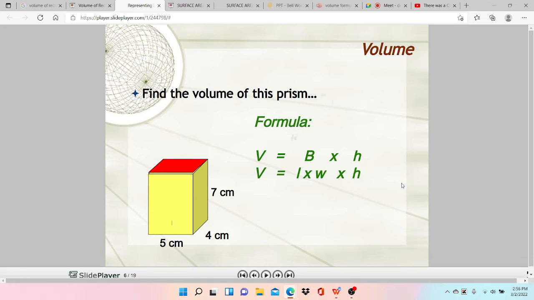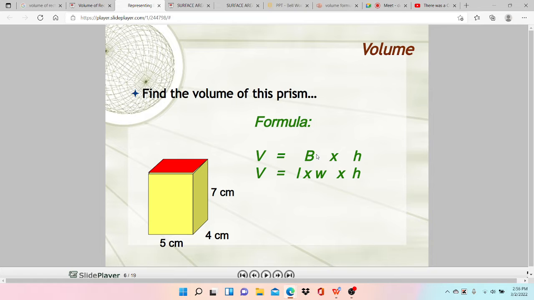Okay, let's try. So, first thing you need to do is multiply length times width. 5 times 4 because that is our length and width. Length is 5 centimeter. Width is 4 centimeter. So, 5 times 4 is 20.